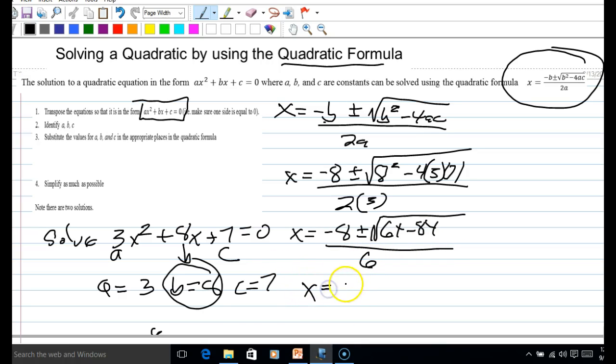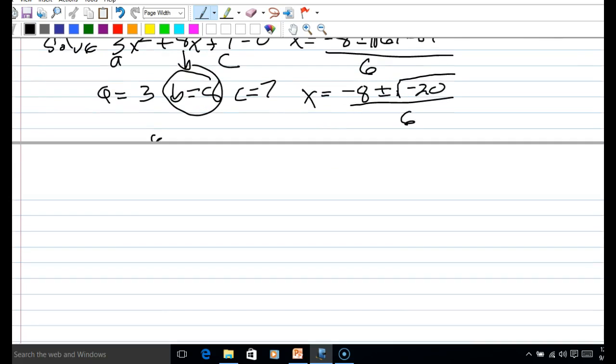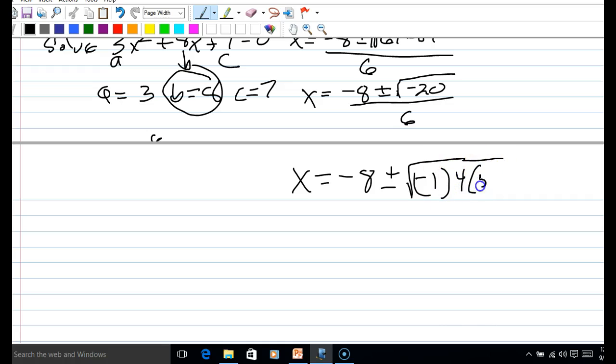So x is equal to minus 8 plus or minus the square root of negative 20 all over 6. So x is equal to minus 8 plus or minus the square root of negative 1 times 4 times 5 all over 6.